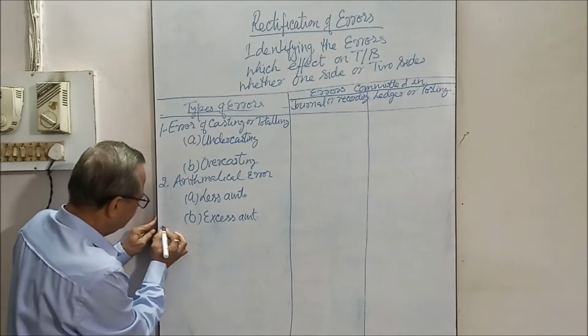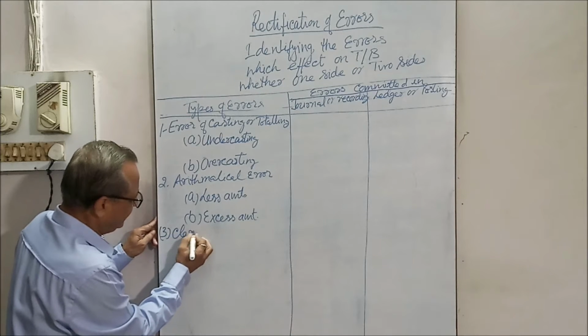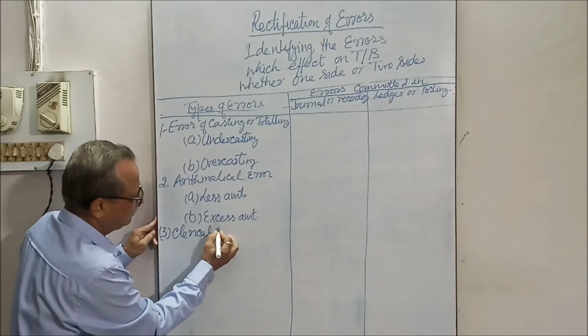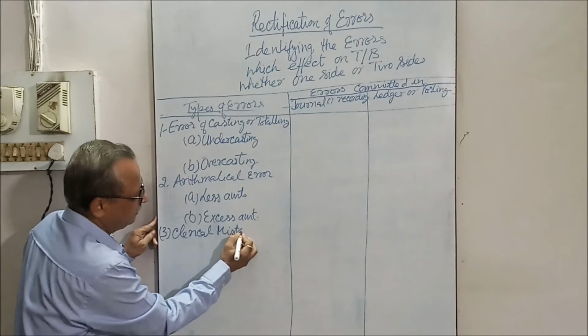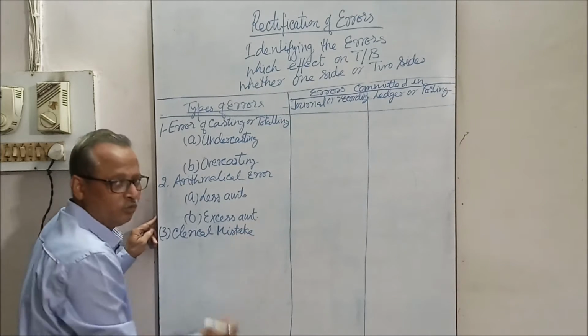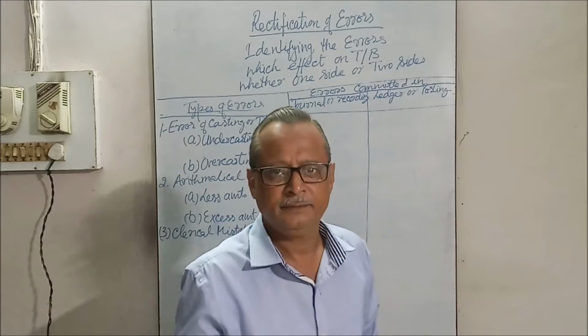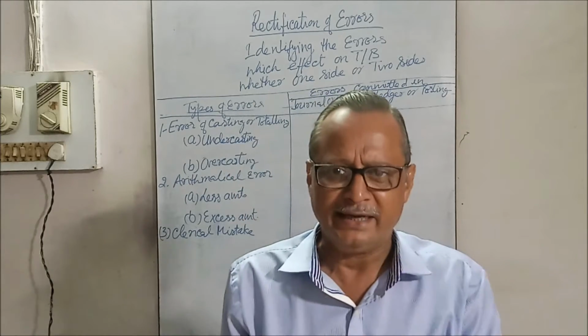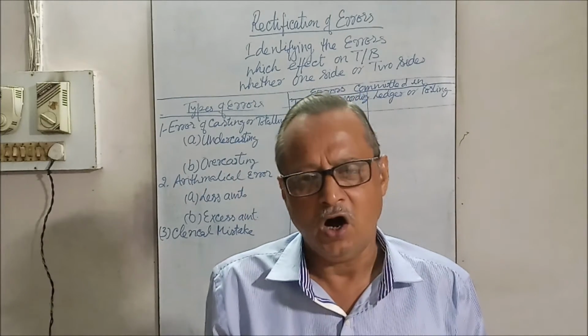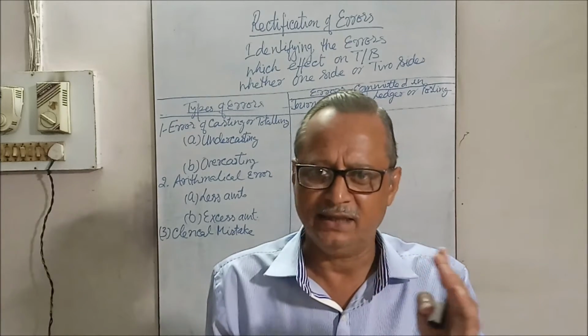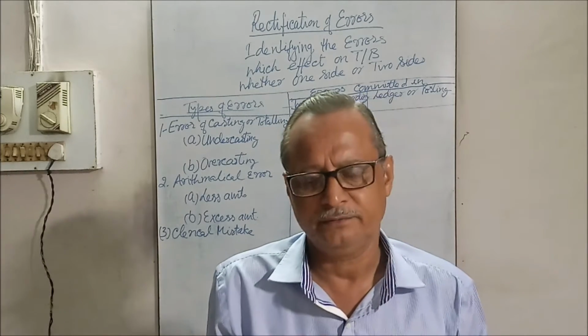Third is clerical mistake. It compounds as the error of commission. It means it is recorded in the wrong book or posted on the wrong side of the correct account.